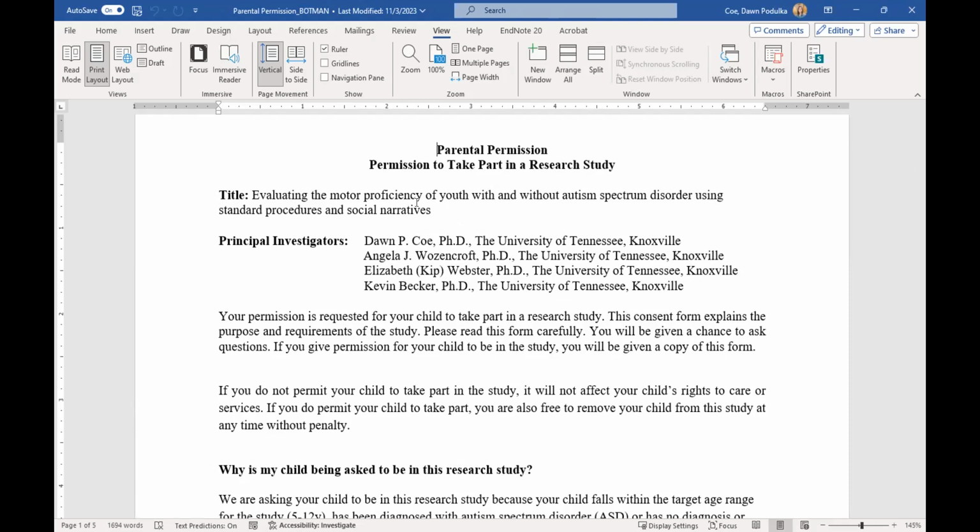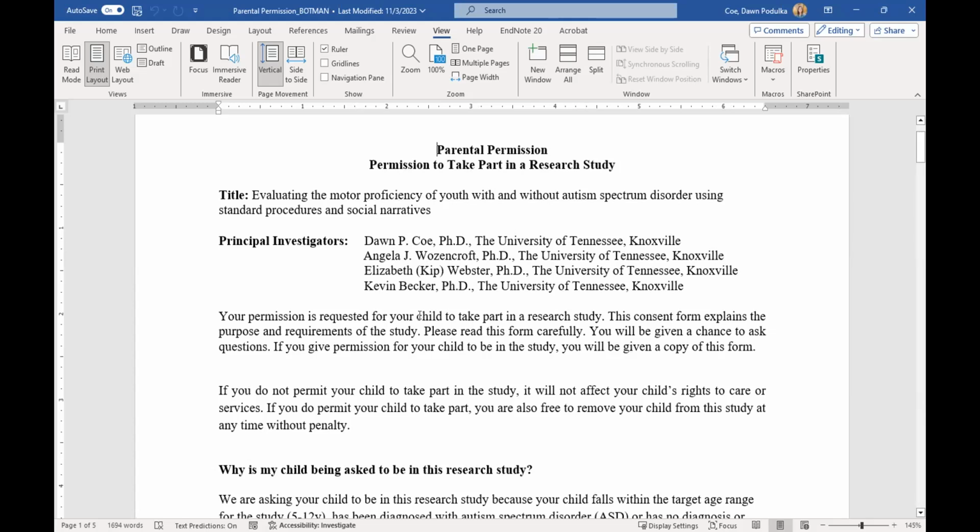So this is kind of a double whammy in terms of protected populations, because you have the pediatric population, and then you also have a population with disability, which may impact their ability to properly think through and give their consent. So it's really important that we get parent permission and the parents understand what we're going to do.